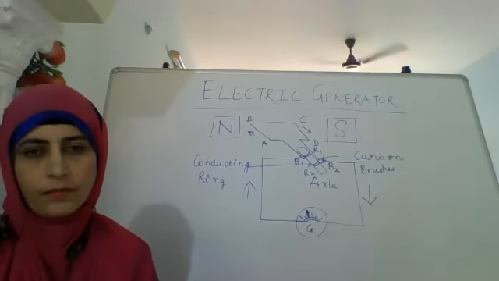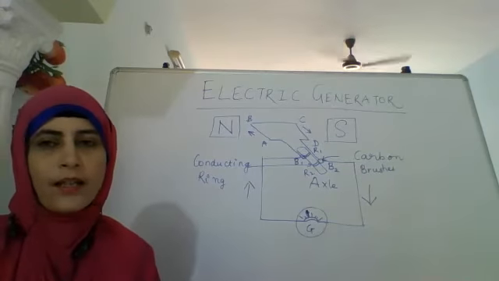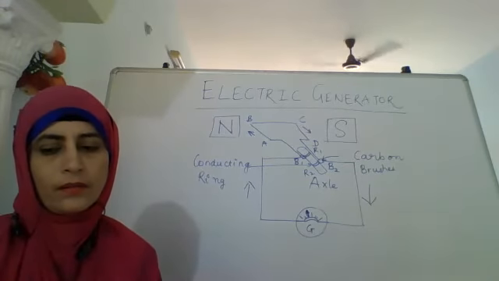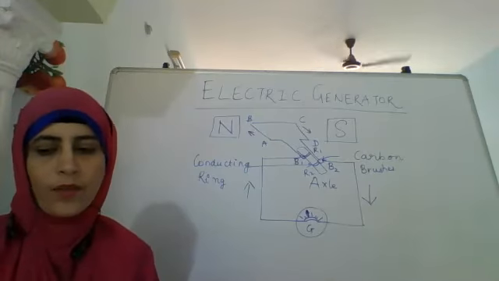Second point in this subtopic, that is DC generator. This is the subpoint in the point types of electric generator.